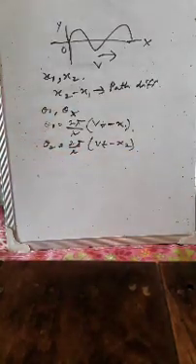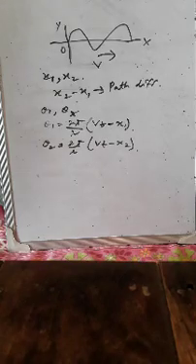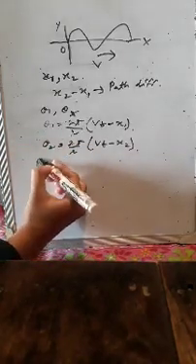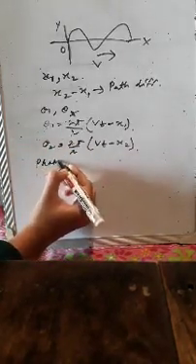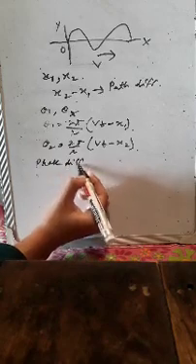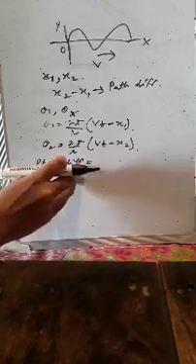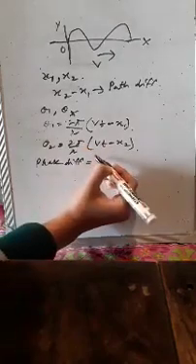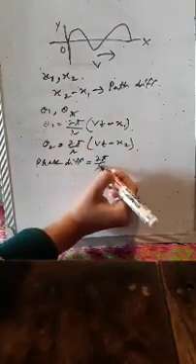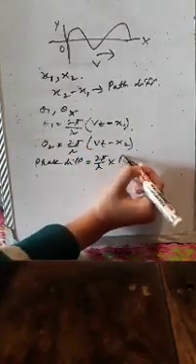So what is the formula for finding the phase difference? Phase difference equals 2 pi by lambda into path difference.